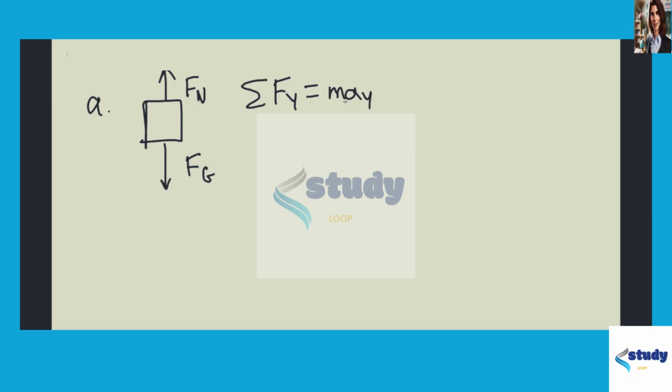So here it would be the sum of forces in the y direction equals ma sub y. Now ma sub y is going to equal 0 because the system is in translational equilibrium. So this is going to be equal to force normal minus force of gravity. And so the force normal would be equal to the force of gravity, which equals mg.